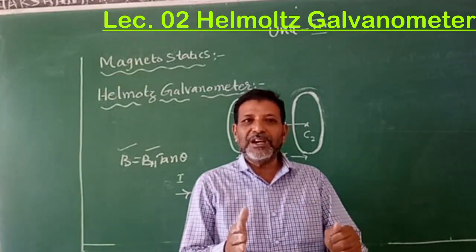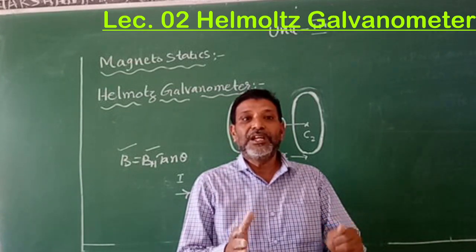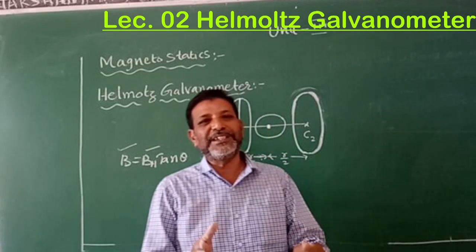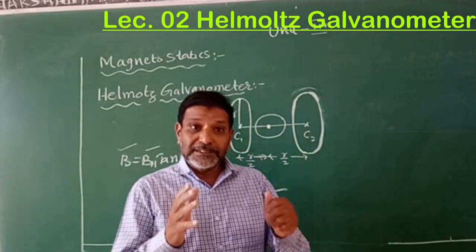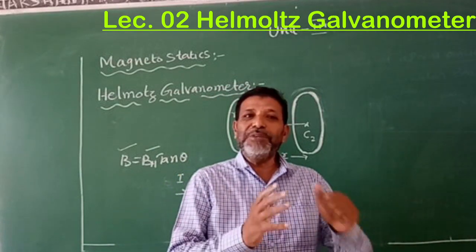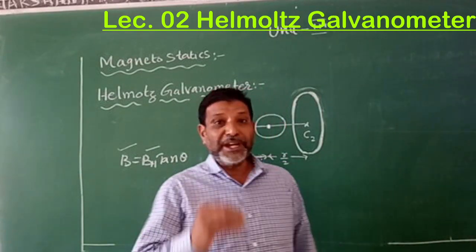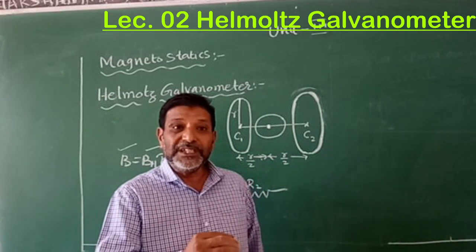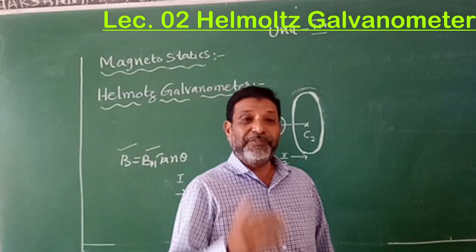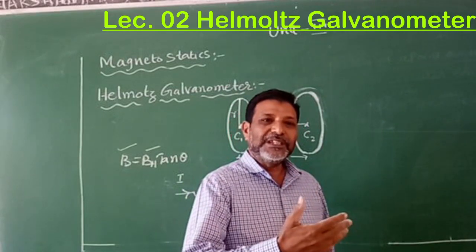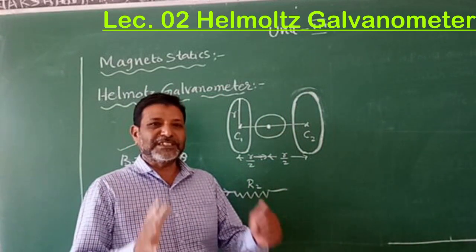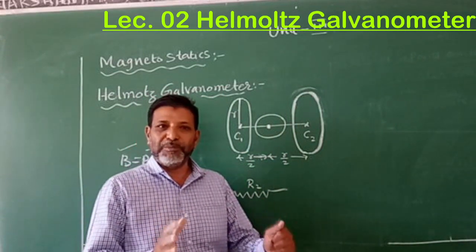Since the two coils are connected in series, the magnitude and direction of the current in both coils is the same. And since it is the same, the magnetic field at any point, due to both the coils, is also in the same direction. This is the construction of the Helmholtz Galvanometer.